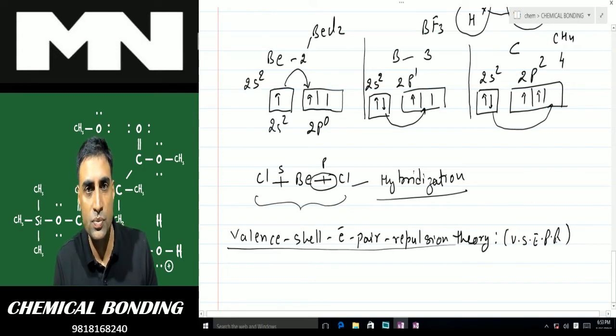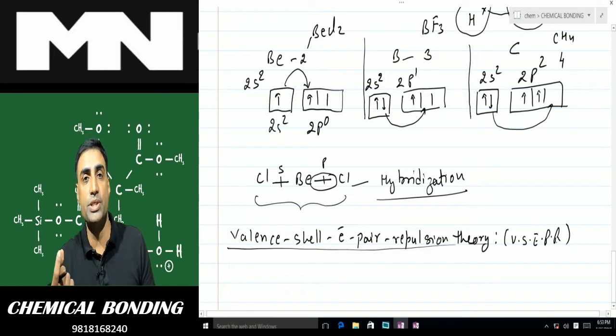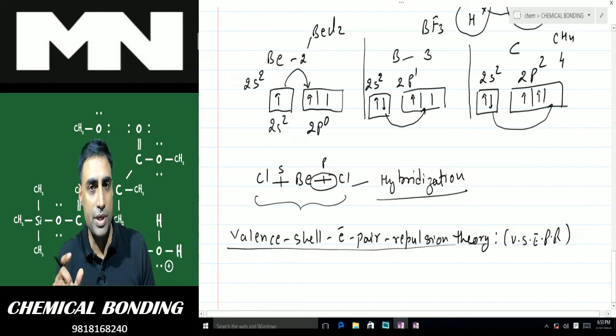valence shell. And since it comments about the repulsion, it basically helps us in predicting the shape of a particular molecule.